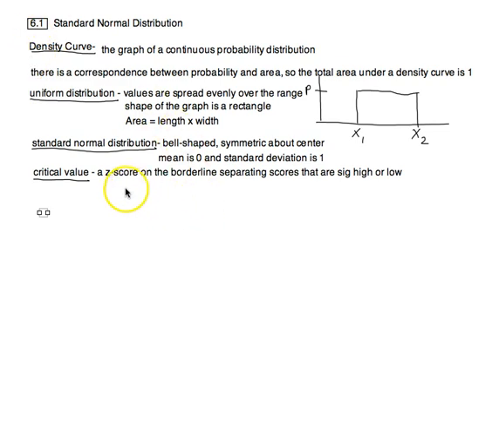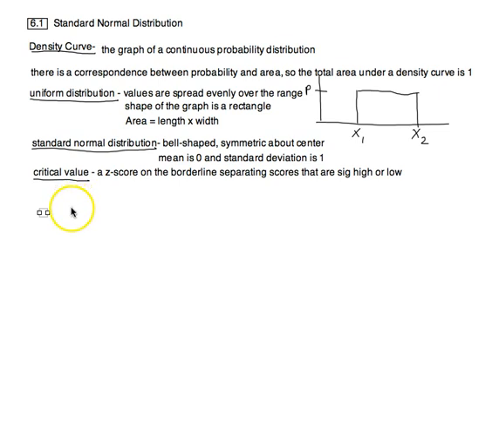So when we talk about the range rule of thumb for finding values, we have the mu minus 2 sigma and mu plus 2 sigma. Critical values are not the same as those, but it's the same idea.